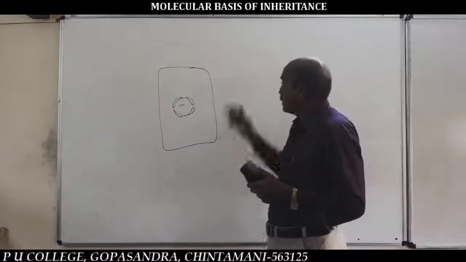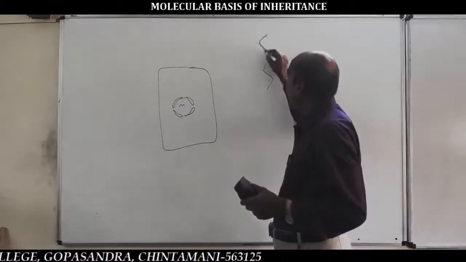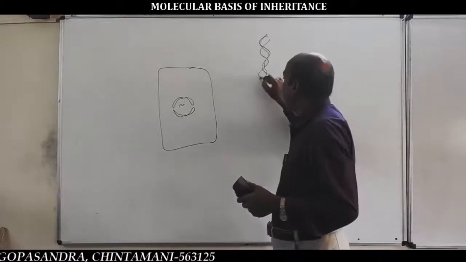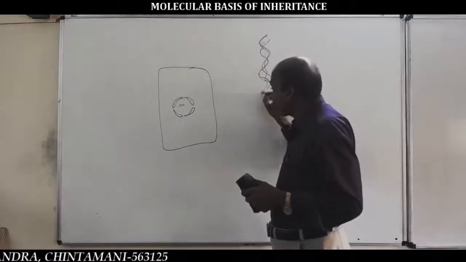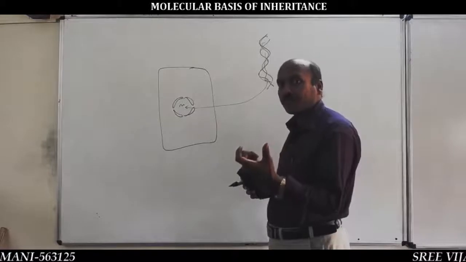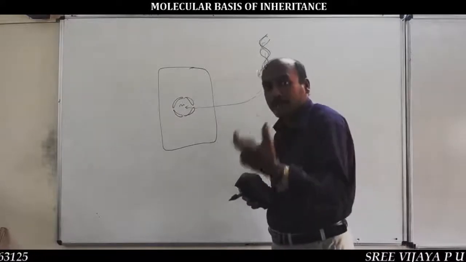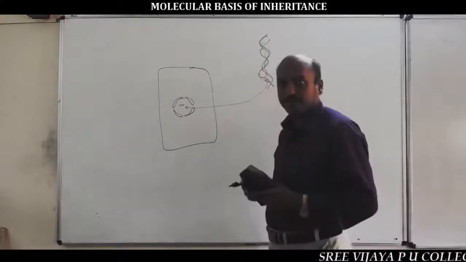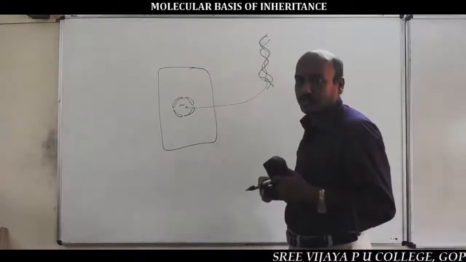You should remember this twisted ladder shape of DNA is organized inside the nucleus, in the chromosomes, in the chromatin fibers of the chromonema in eukaryotic cells.